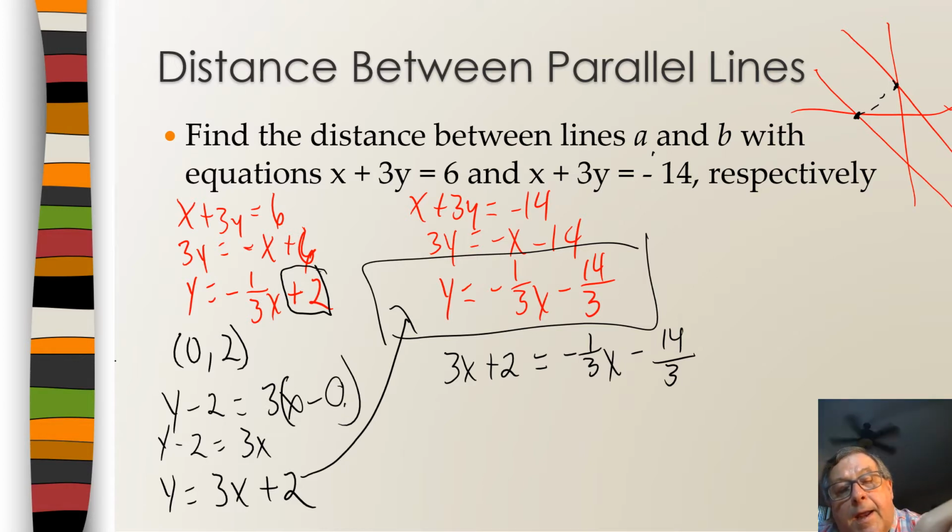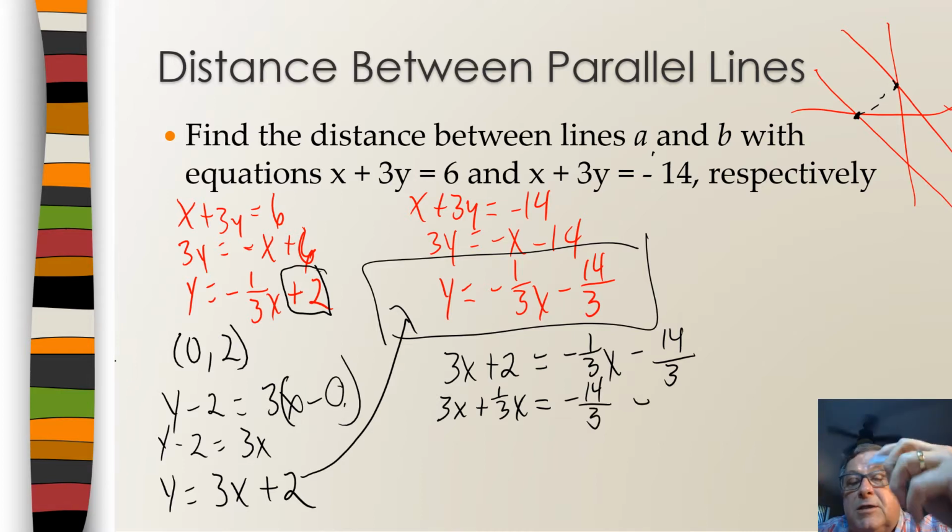Okay, and let's add 1/3 x to both sides, subtract 2 from both sides. So we'd have 3x plus 1/3 x equals -14/3 minus, let's see, 2 expressed in terms of thirds would be 6/3, -6/3.